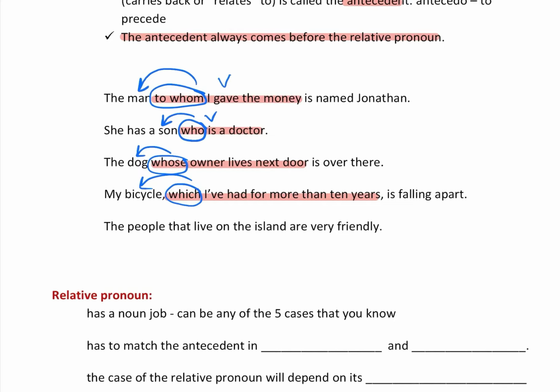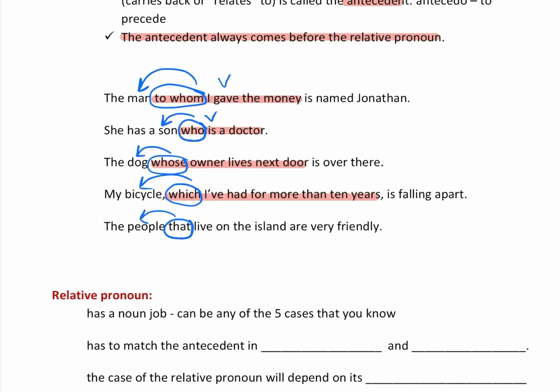All right, last one. The people that live on the islands are very friendly. Here's another one. So which one is it? We know it's that. And that modifies who? So who lives on the island? The people do. So this whole phrase modifies people. Remember, we still have to leave room for the people.